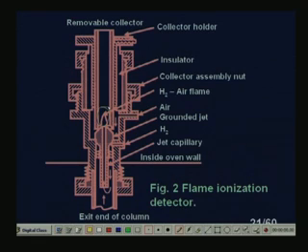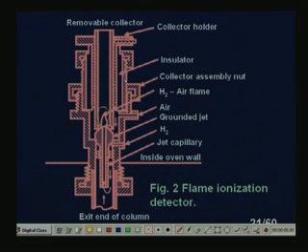This is mounted around 0.5 to 1 centimeter above the flame tip, and across the two electrodes a high voltage of 400 volts is applied, right, and this lowers the resistance across the gap and causes a current to flow.